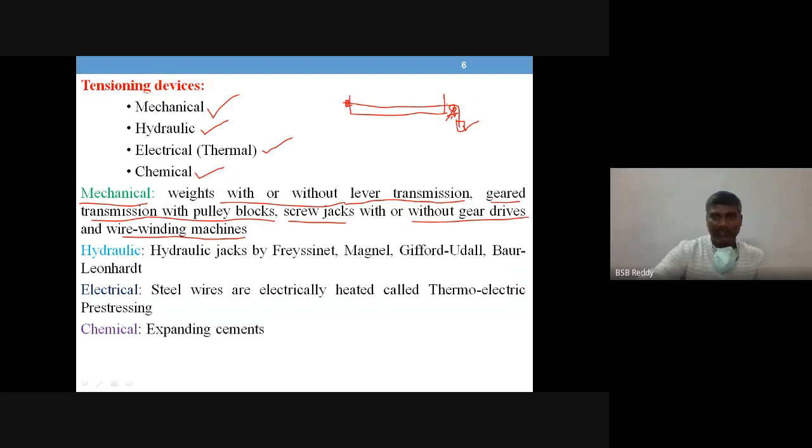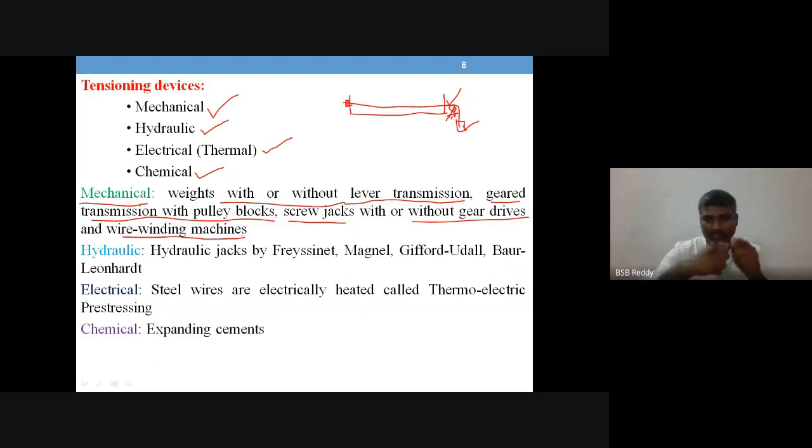Straight away just screwing the tendon at one end, by bolting at the other end, will pull the tendon. So all these techniques are just to tension the tendon, to induce tensile stress in the tendon, which in turn will transfer to the concrete as a compressive stress.